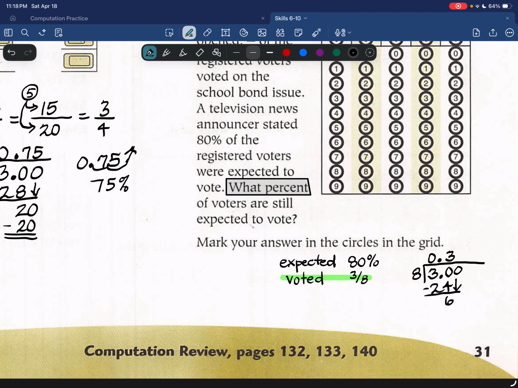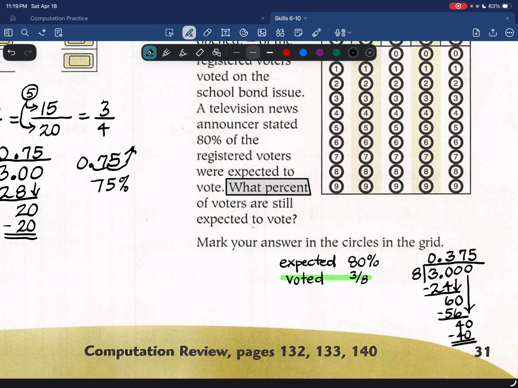Bring down another 0. 8 into 60 goes 7 times. That's 56. 4 left over. Bring down another 0. 8 into 40 goes 5 times. That is 40 with nothing left over.